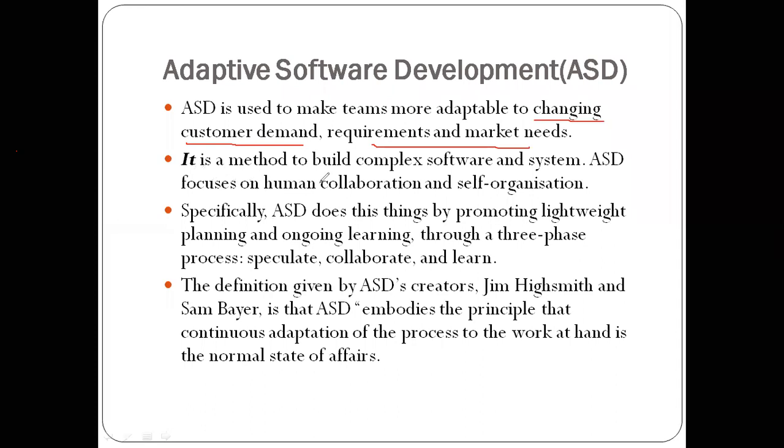It is a method to build complex software systems. By using this method, we are going to build complex, bigger software projects. Complex in the sense some critical or some bigger projects. We are going to implement those projects by using this method.